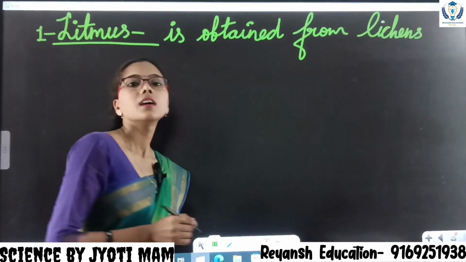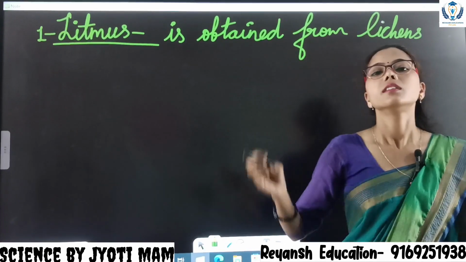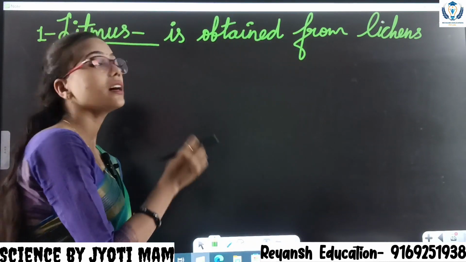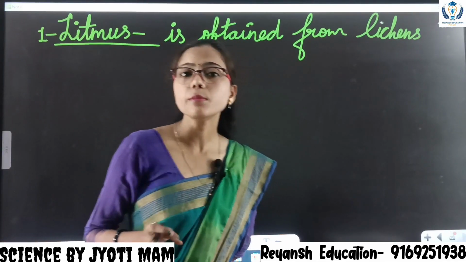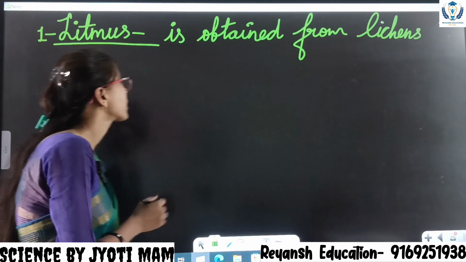And what are lichens? Lichens are the combination, or we can say lichens is the symbiotic relationship between two organisms. And what are those two organisms? That are fungi and algae.